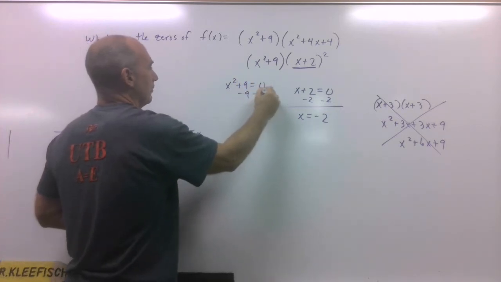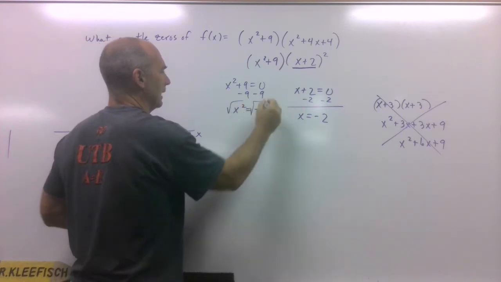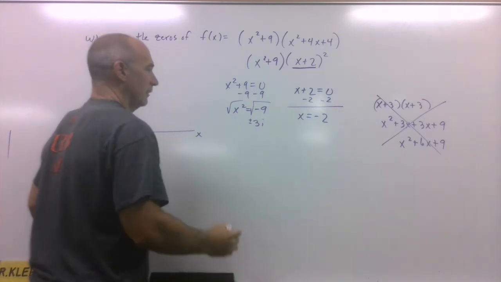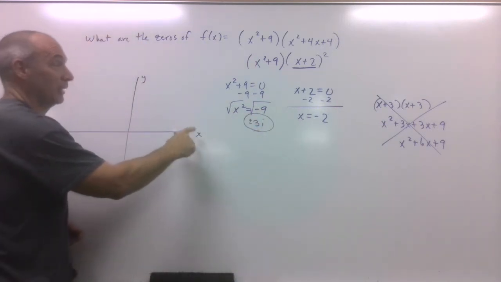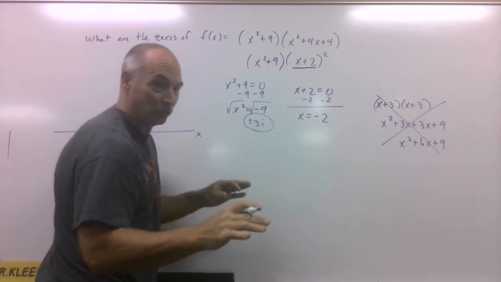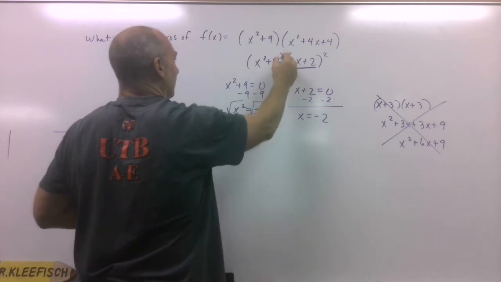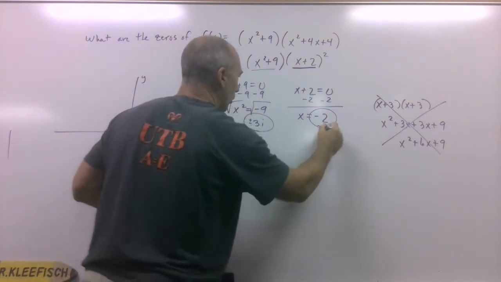And I'd subtract 9, I'd get x squared is -9. I go, wait a minute, that's plus or minus 3i. There are no imaginary numbers on the x-axis. So guess what? Strange, but this is part of my graph, but this doesn't give me any zeros. So this is my only zero.